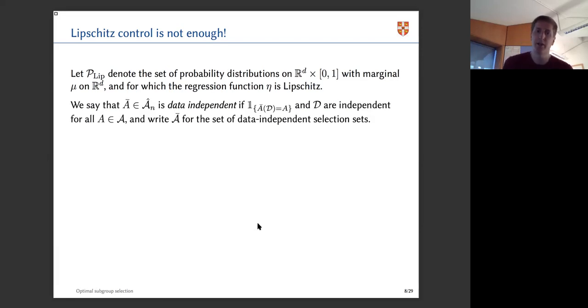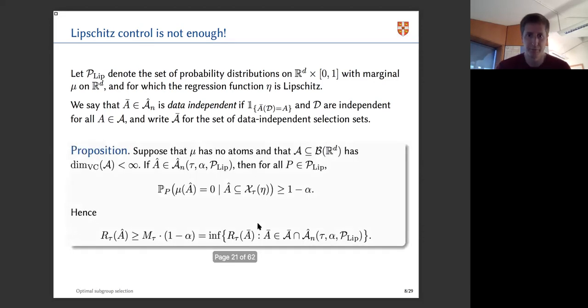So curly P Lip is going to be that whole family, and I'm actually going to introduce what I call a data-independent selection set. This is one for which, whether or not I output the set A and my data are independent for every set A. I'll write curly A bar for the data-independent selection sets.